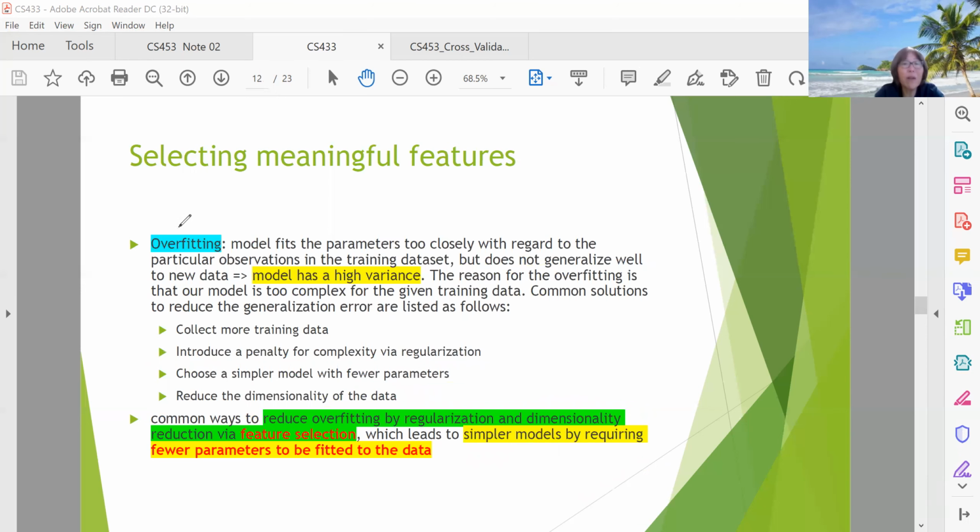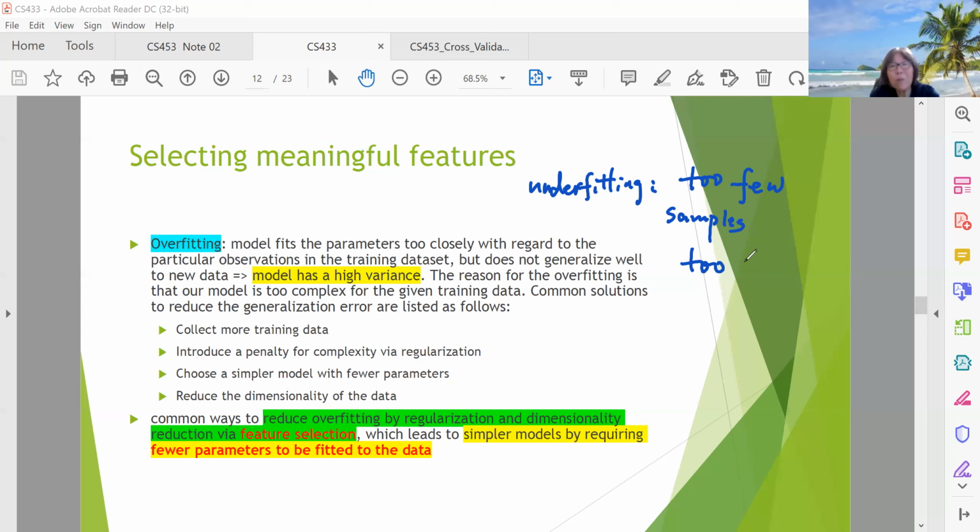Okay, then over here we discuss overfitting, generally how we deal with overfitting. For underfitting, sometimes too few samples can lead to underfitting. Maybe too few features may also lead to underfitting.